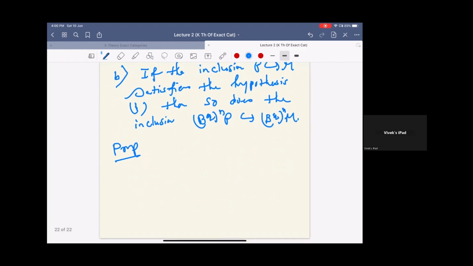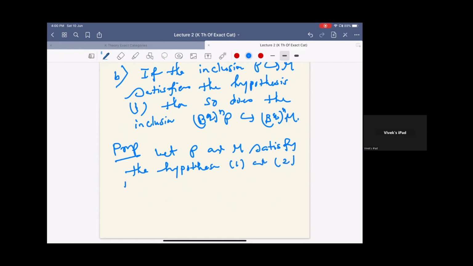That is the proposition. Let rho and M satisfy the hypotheses of the theorem, hypotheses one and two. Then what is part A?